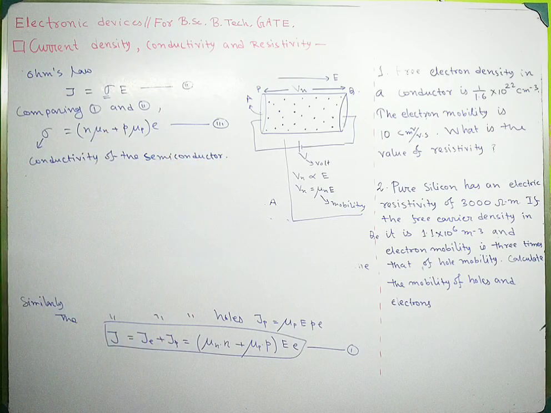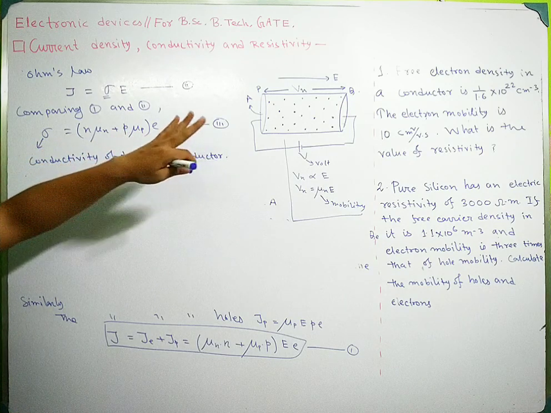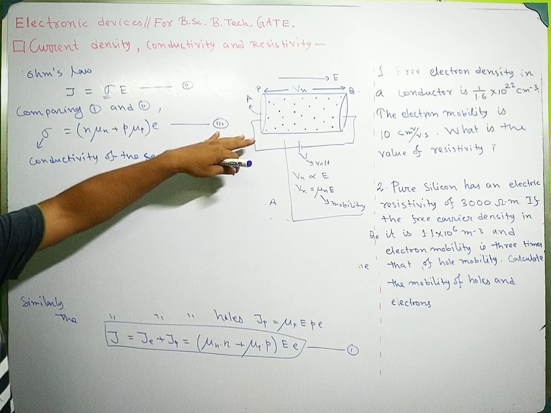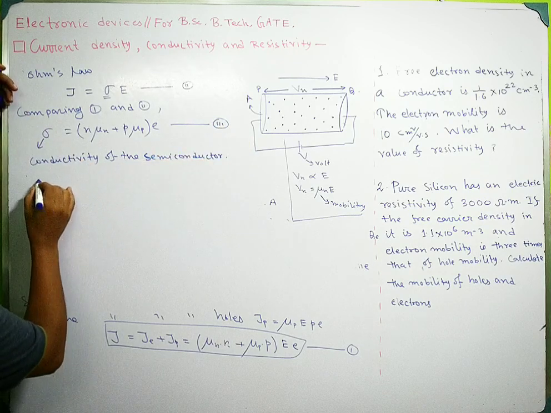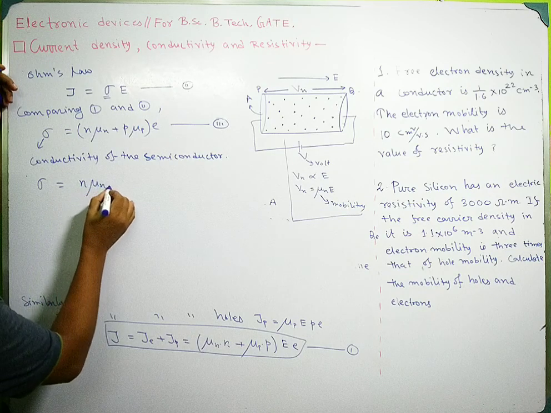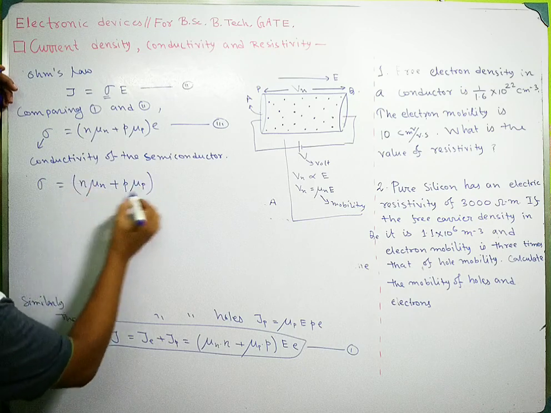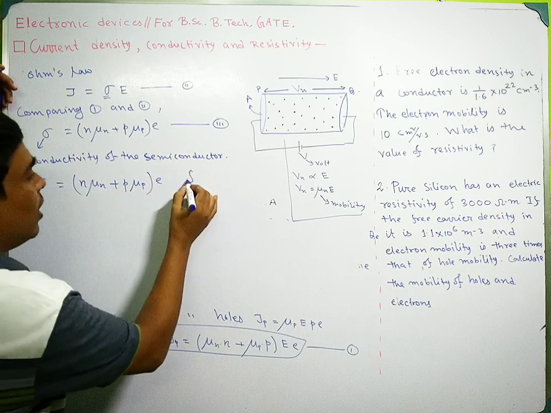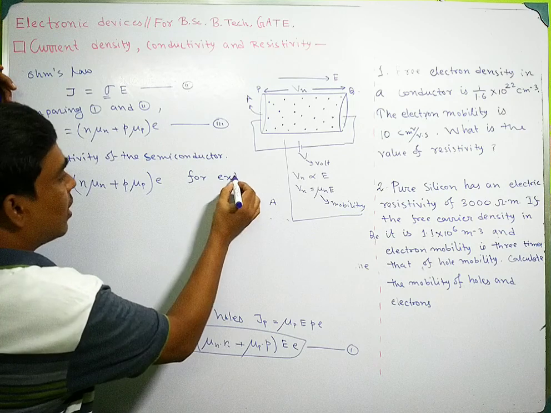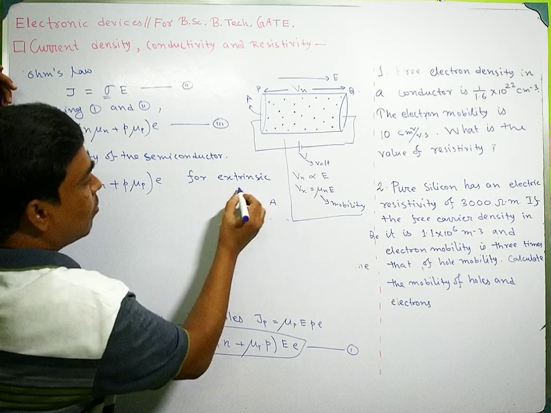This equation is for sigma. Now this is for an extrinsic semiconductor. So sigma can be written as (n mu n plus p mu p) into e for an extrinsic semiconductor.